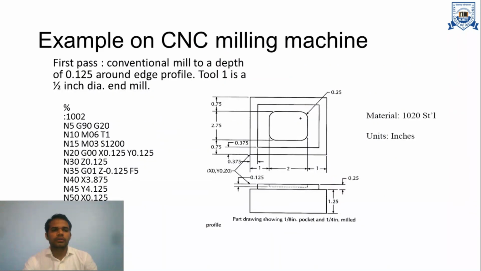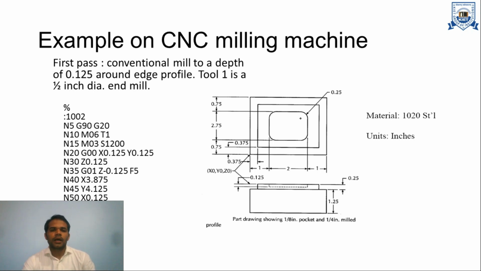Now this is a simple example for a CNC milling machine. First we have to remember all the G codes and all the M codes. Then we have to prepare a part program for any type of milling, drilling or turning operation.